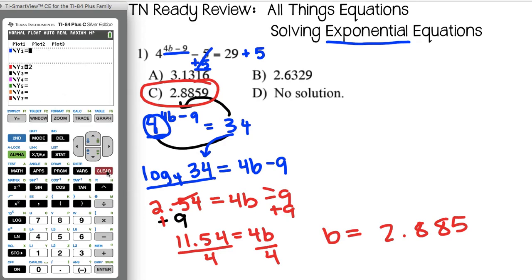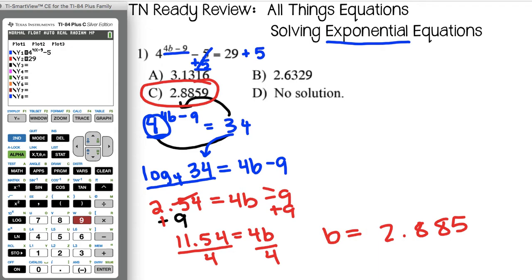So I'm going to clear out what I have, and I'm going to put in that equation. So I have 4 raised to the 4x minus 9, and then I'm going to do minus 5. And then on my other side, I'm going to put 29.